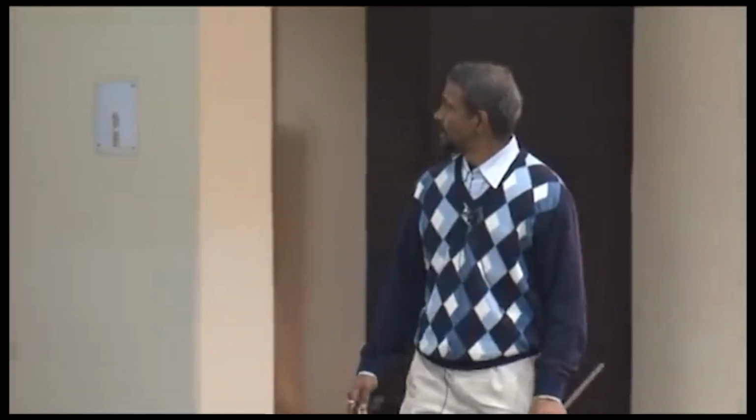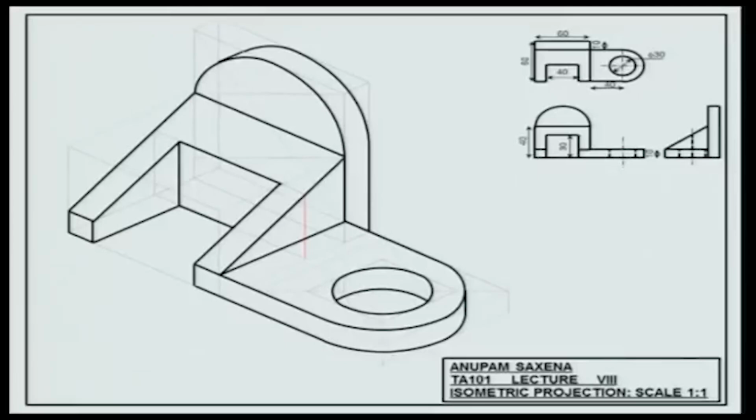A few last things. Actually, I never needed this. This was only for our understanding and appreciation that I had marked the XYZ coordinates or the axes explicitly. We don't need this. In your actual drawing on your sheets, this is how the isometric view looks.